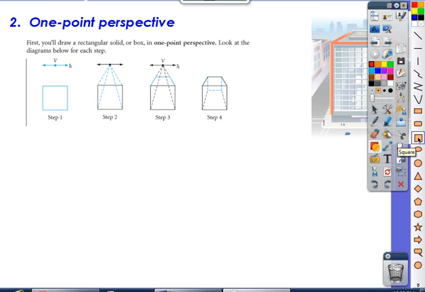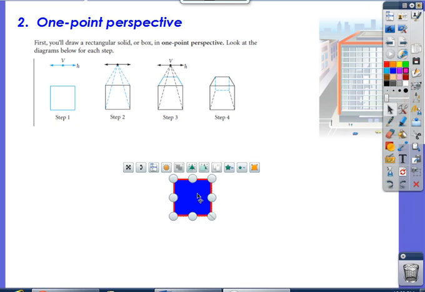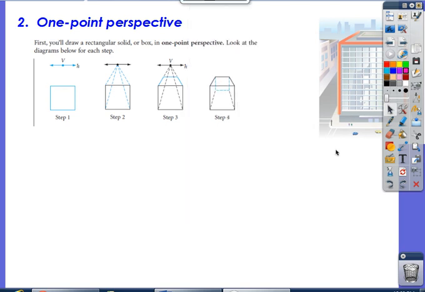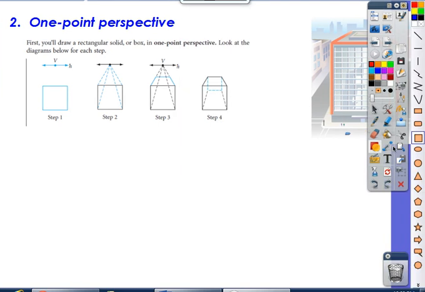To save time, I will just make a square. Okay? The problem here, and why I'm going to get rid of it, is I want you to be able to see through this. So let me make my square clear. There we go. There's my square.